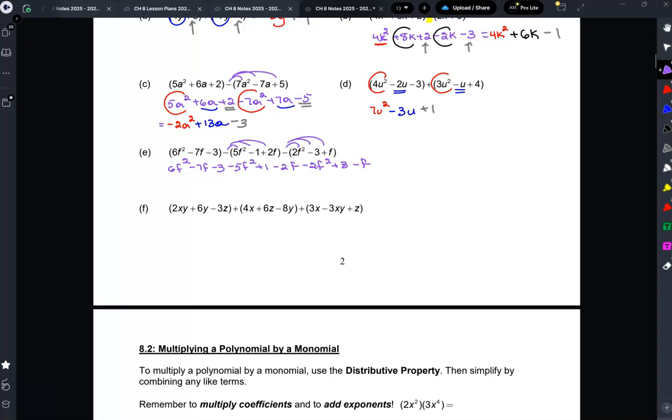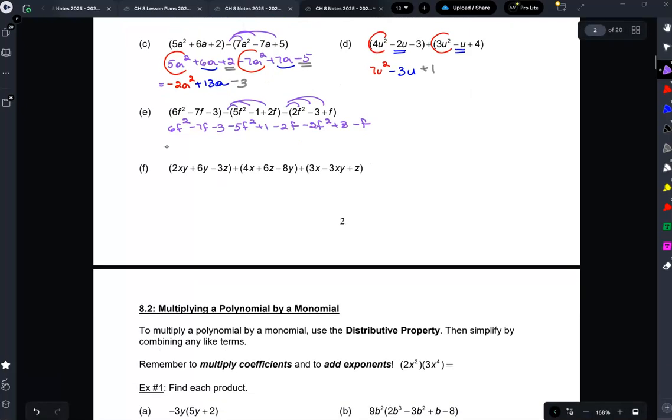Okay? All right. So look at the 6f squared. Does it have a like term? Yeah. Negative 5f squared and negative 2f squared. So 6 minus 5 is 1. Minus 2 is negative f squared. So minus 7f, minus 2f, minus f.